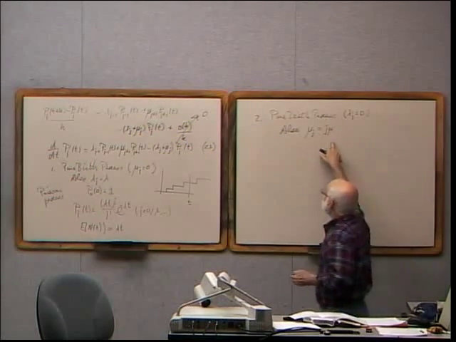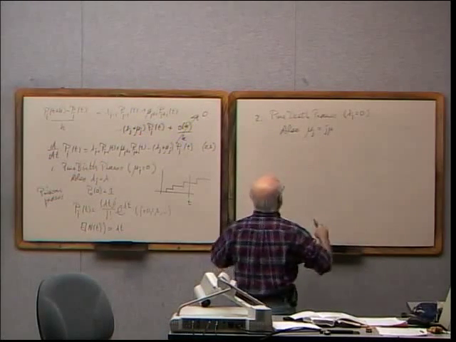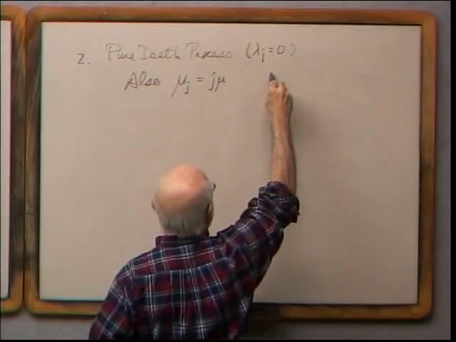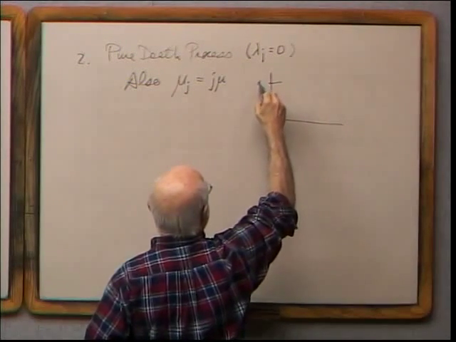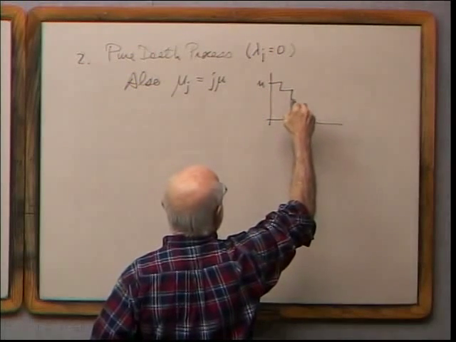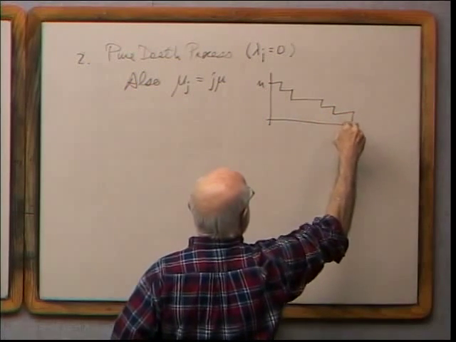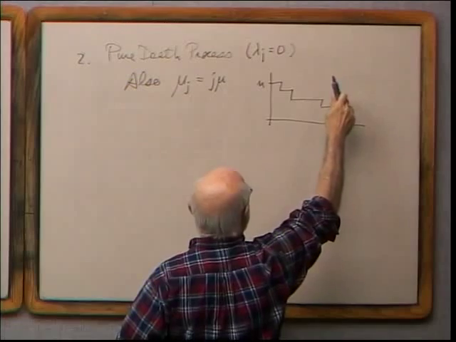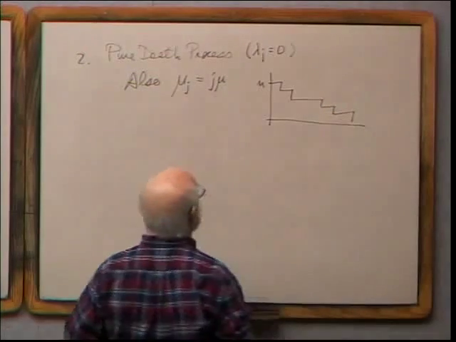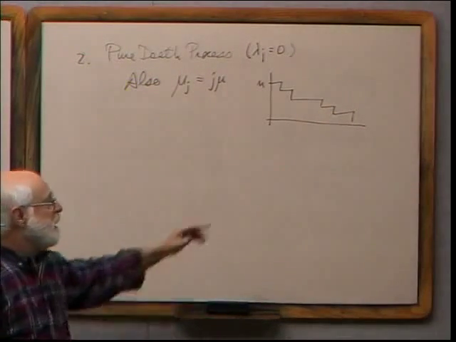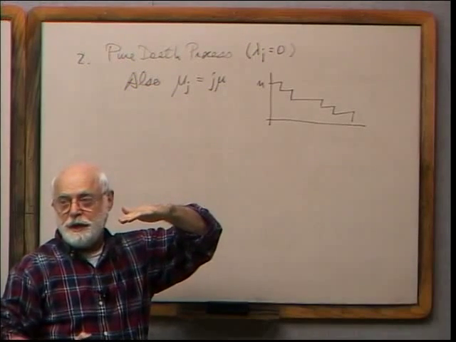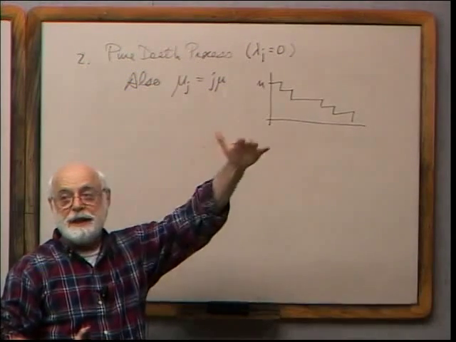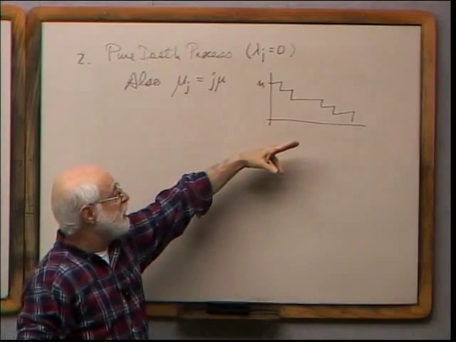Okay, now here, since we have only deaths, if we were to draw the diagram, we're going to start out in some state, which I'll call little n, and then the deaths are going to occur at random. One difference between this death process and the birth process is that the birth process goes on to infinity, so the population size keeps on getting larger. In the death process, when you get to 0, you stop.